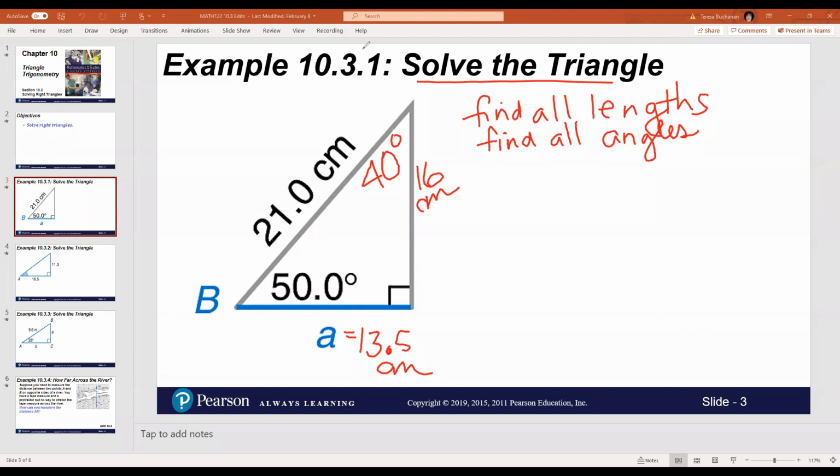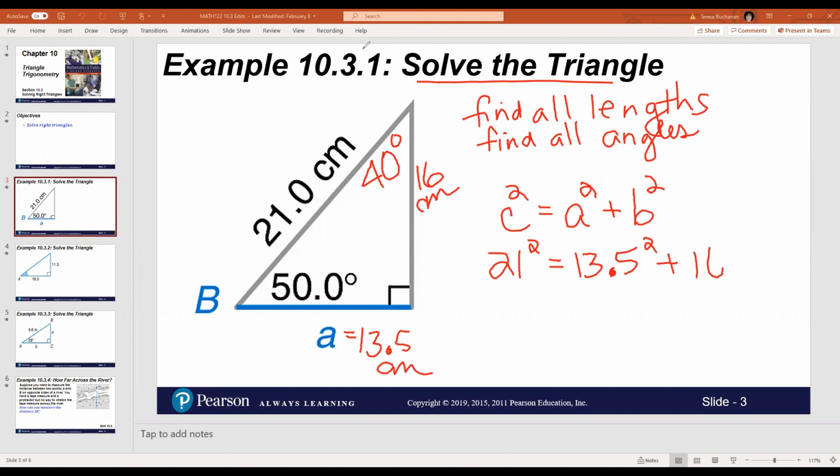But could we check the side lengths by running those through Pythagorean theorem, knowing that we have made a little bit of rounding, so we don't expect this to be precisely correct, but roughly 21 squared ought to equal this 13.5 squared plus 16 squared. It ought to come out that these two sides are about the same, very close to the same. So go ahead and take a look at that.